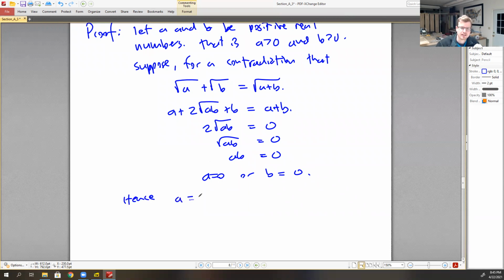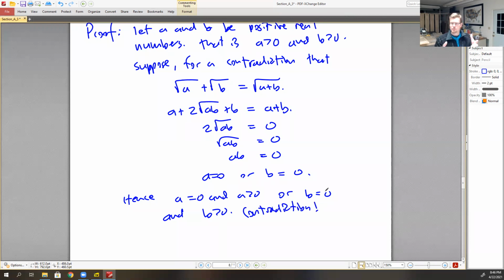So we have, hence, a is equal to 0 and a is greater than 0, or b is equal to 0 and b is greater than 0. But we can't have a equal to 0 and be greater than 0, and we can't have b be equal to 0 and be greater than 0. So this is a contradiction.